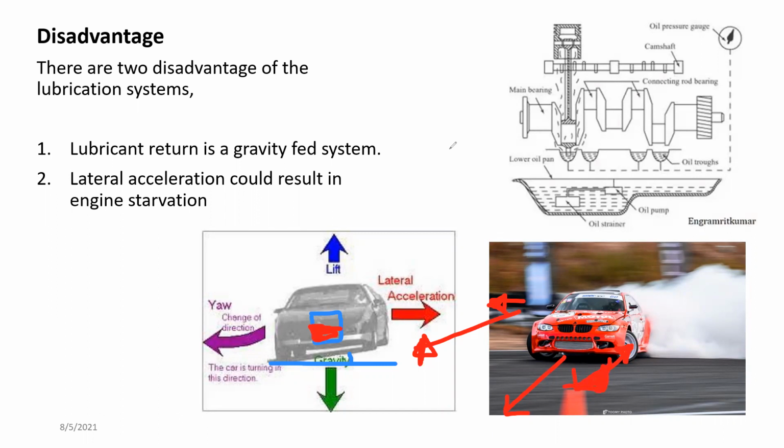That means if the oil pickup point, this oil strainer, is close to this corner, at that particular time there will not be any lubricant available in the engine to cushion the system, especially in applications like this where the engines are working very hard. This could end up fatal to the engine.